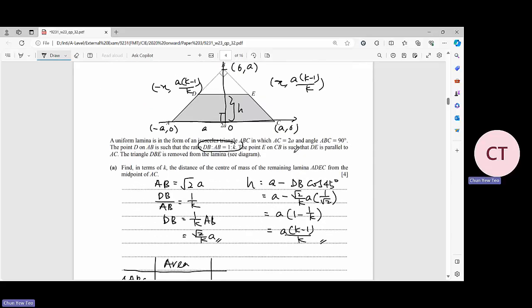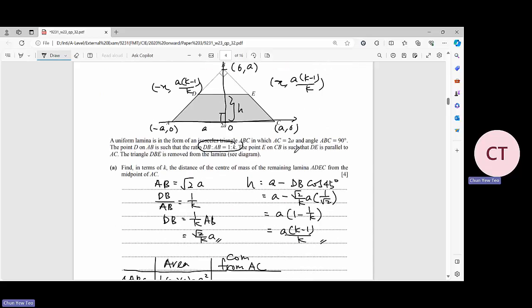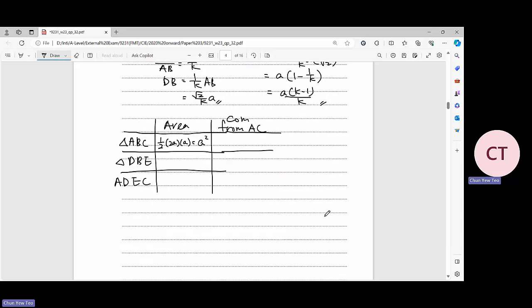For the bigger triangle, it's half times the base times the height, so you get this as A square. And the center of mass from AC, we just take the y coordinates, add them together, divide by 3, and you will get A over 3.